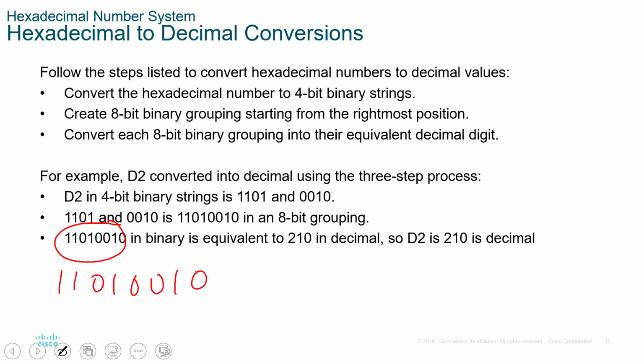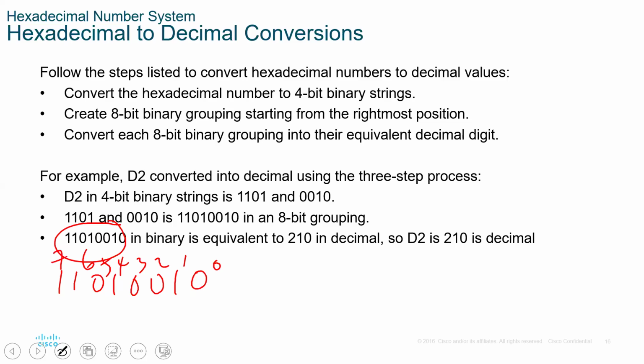All you just need to do is number the powers. You can use that position value table that we talked about. All right. But if you don't want to use a position value table, you can say 0, 1, 2, 3, 4, 5, 6, 7.